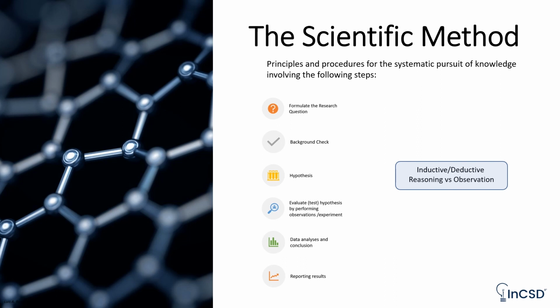Then define a hypothesis, which of course requires defining the objective and the endpoints to later evaluate and/or test the hypothesis. Keep in mind, not all clinical trials imply hypothesis testing, since some could be descriptive in nature, for example, an open label or a natural history study.